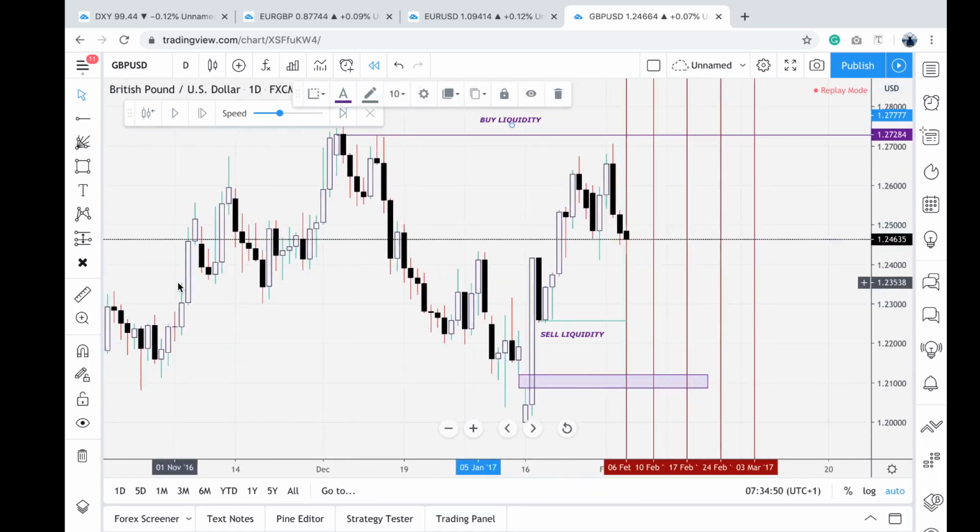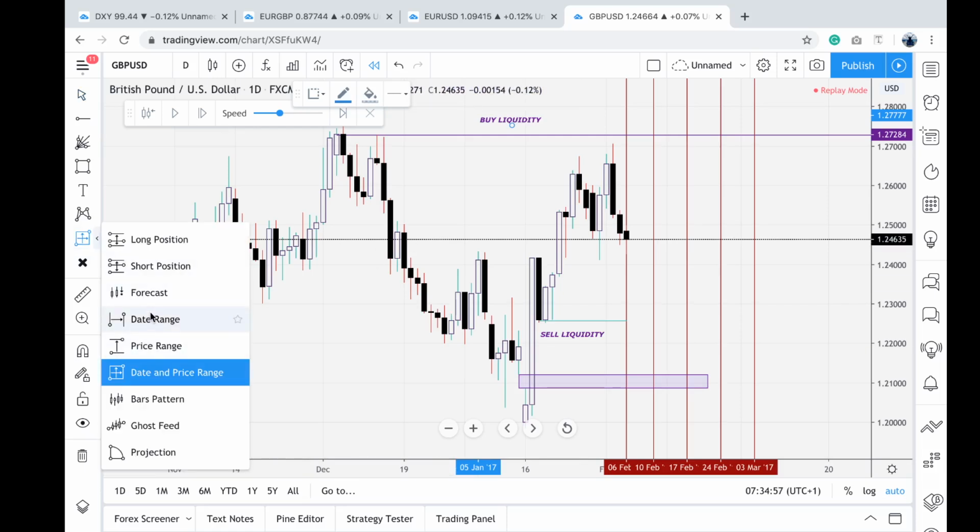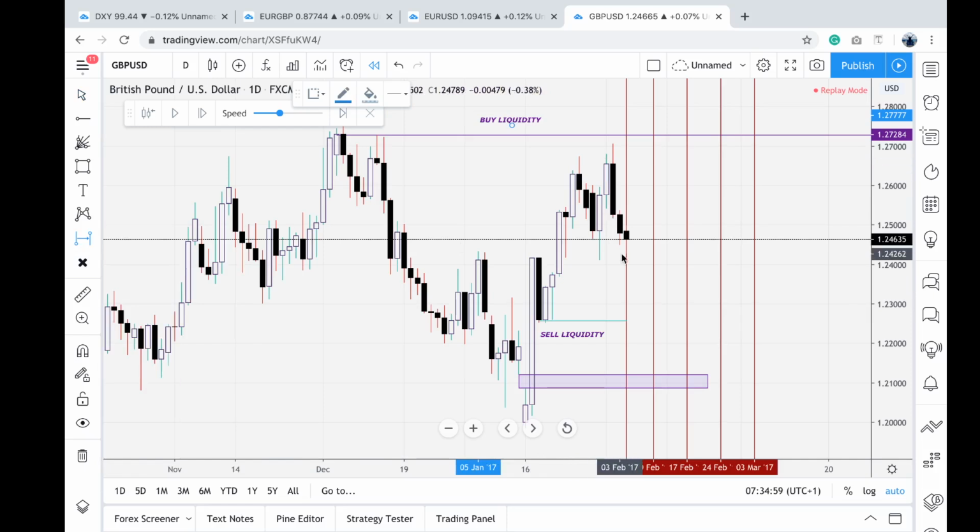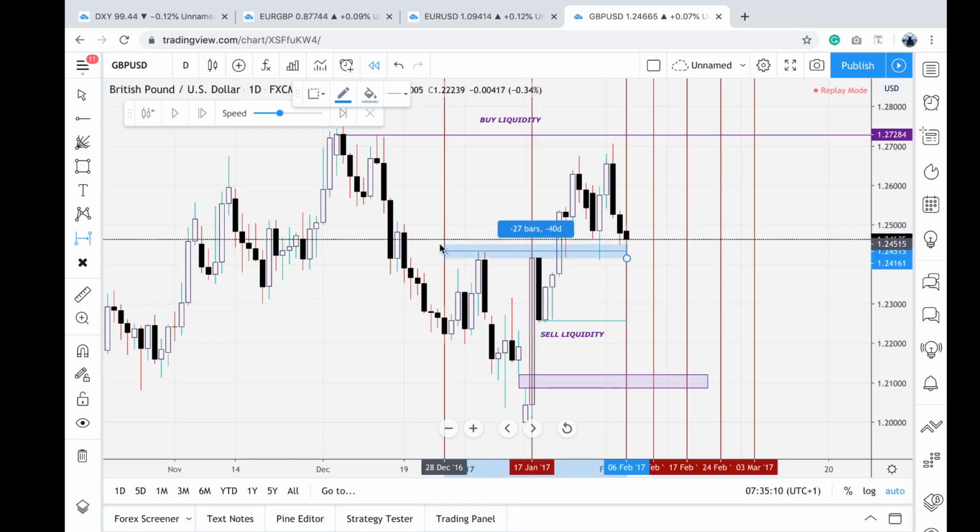So guys, do not forget your IPDA ranges. Go back and actually put up your date range. 20-day, 40-day, 60-day IPDA.